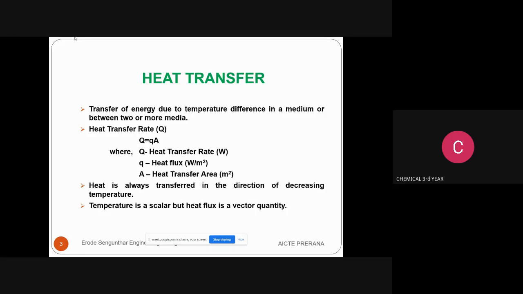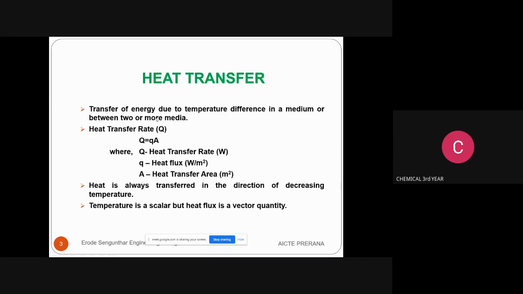Heat transfer is the transfer of energy due to temperature difference in a medium or between two or more media. In a single medium itself, that energy transfer can occur, or two or more media can take part in the transfer of energy. Transfer of energy is nothing but the transfer of heat.